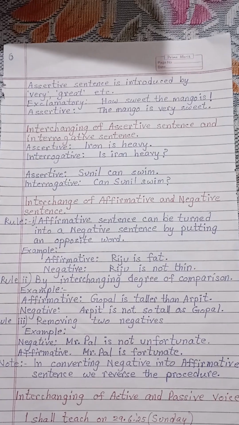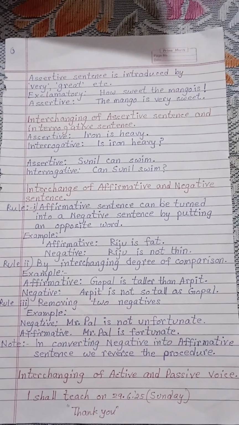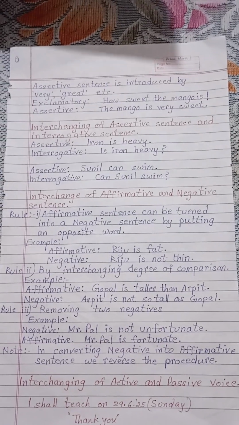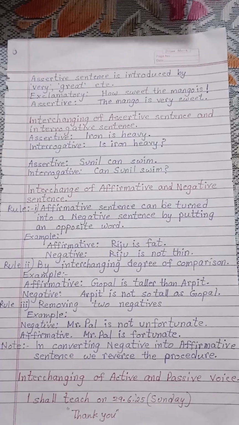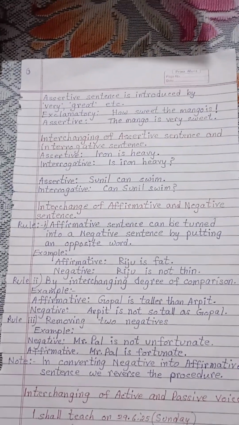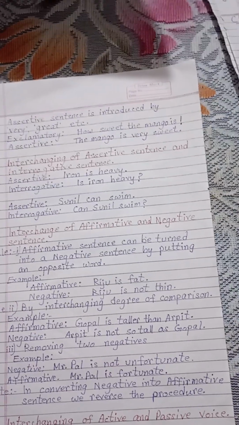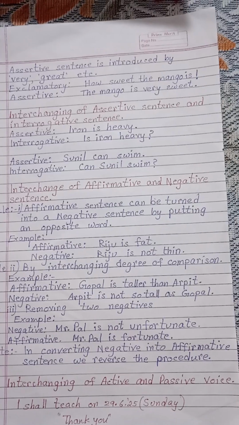So how to do affirmative? Mr. Pal is fortunate, because unfortunate is negative and fortunate is positive word, and not is removed and the word un also removed. In converting negative into affirmative sentence, we reverse the procedure.